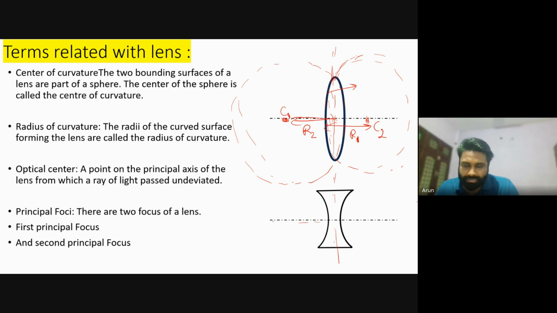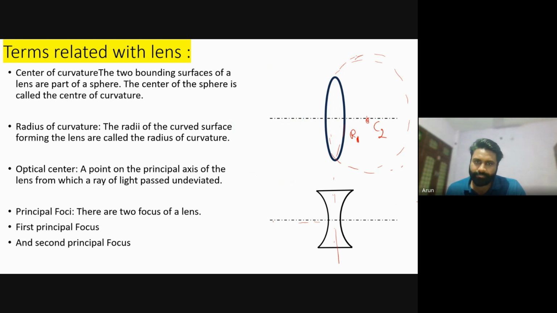So here we have two types of focus. One is the first principal focus and the second is the second principal focus. Now, how to identify them? If you try to read this from a book, it will definitely confuse you. But what I'm trying to tell you is just the simplification of the concept.